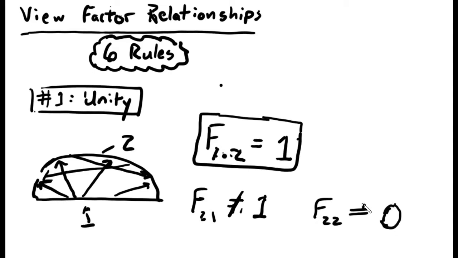Oh my goodness, I'm sorry. So the view factor from 2 to 2 is not 0. Okay, so that is rule number 1. Let's go over rule number 2, which we will call the reciprocity rule.